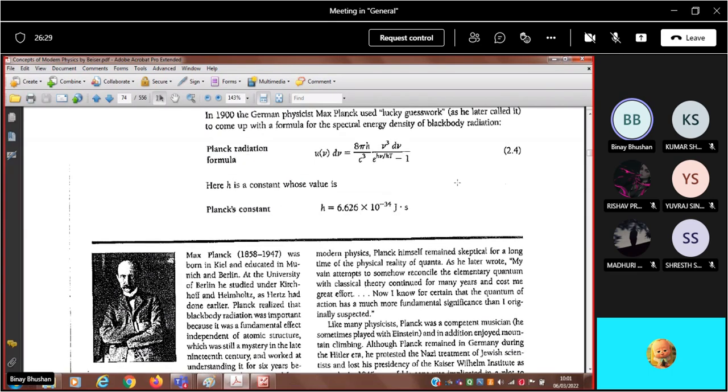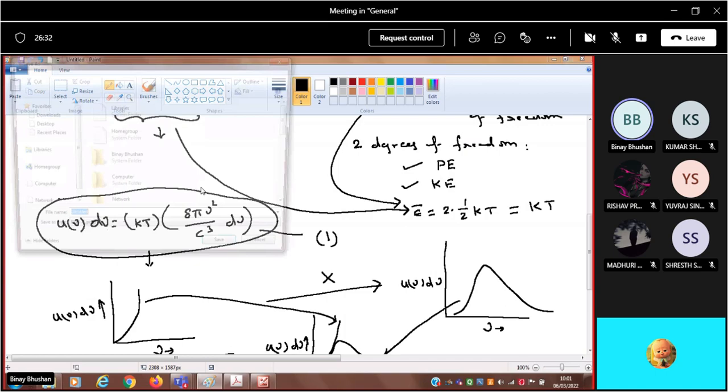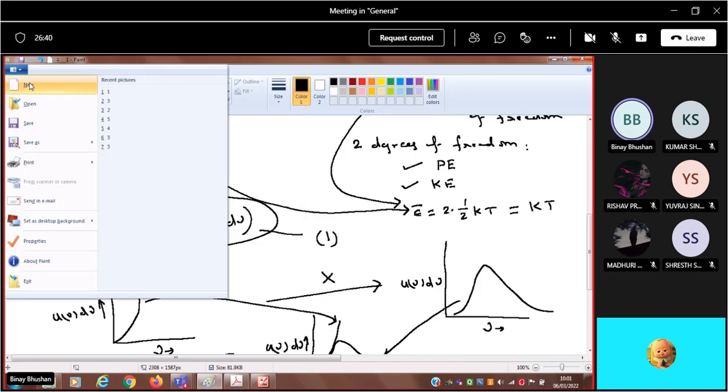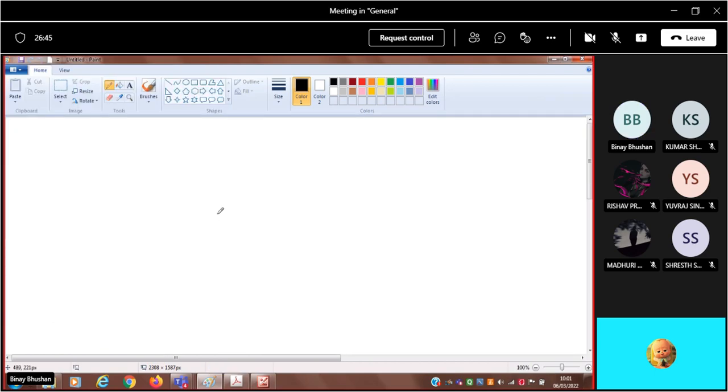Now our task is to derive Planck's radiation formula. First, let us consider the drawback of the equipartition energy theorem, that epsilon bar is equal to kT. Max Planck said this is not correct.